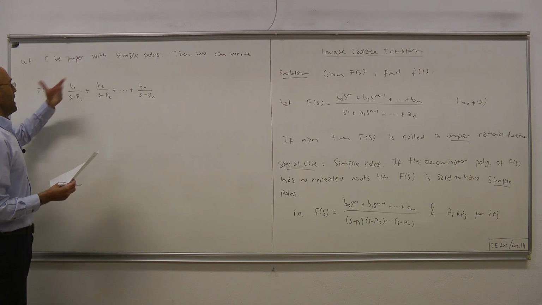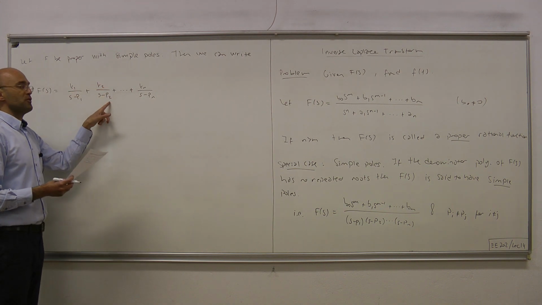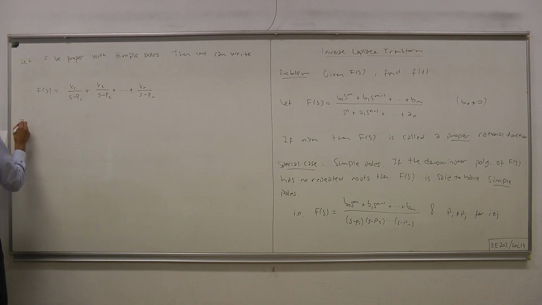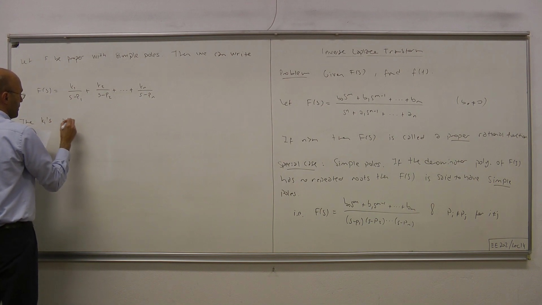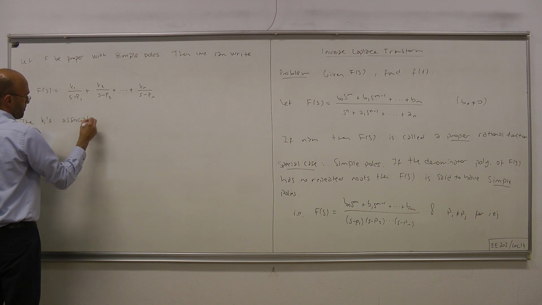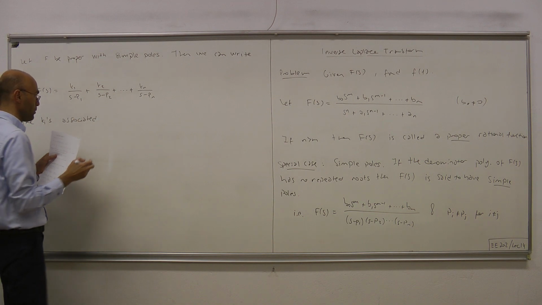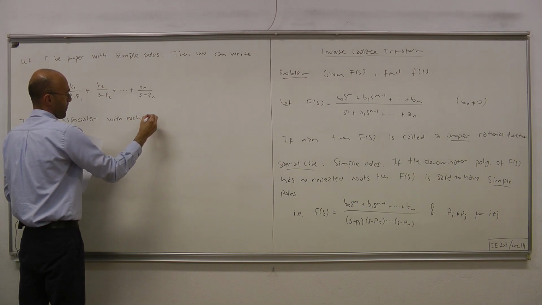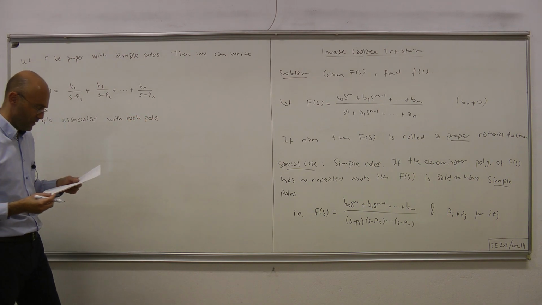For instance, k2 is the residue for the second pole, and so on. The ki's associated with each pole are called the residues.